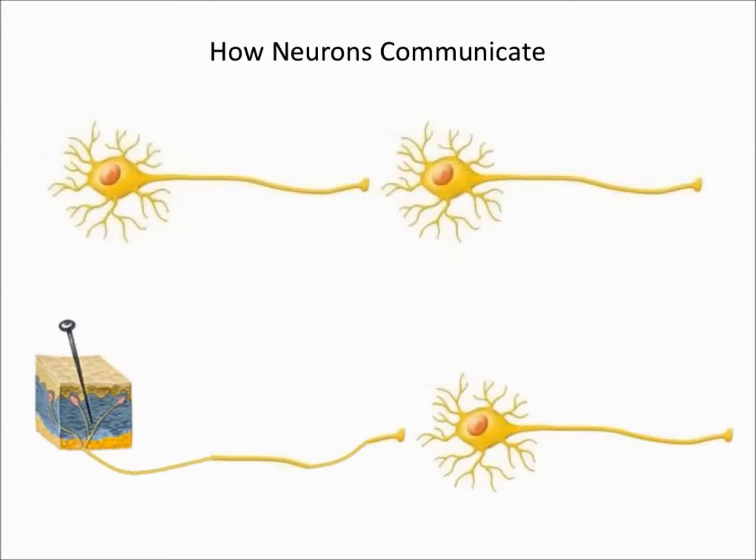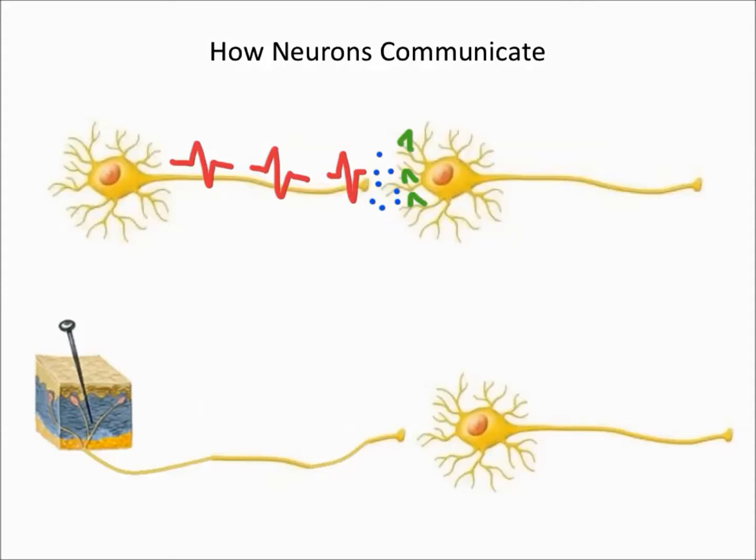Let's take a look at the overall picture of how an action potential from one neuron is passed to another neuron, or in essence, how neurons communicate. We have an action potential traveling down the axon of a presynaptic neuron. Once that action potential reaches the synapse, that electrical impulse is converted into a chemical messenger, and that chemical messenger stimulates the creation of graded potentials.